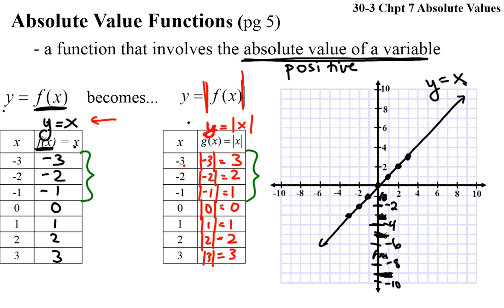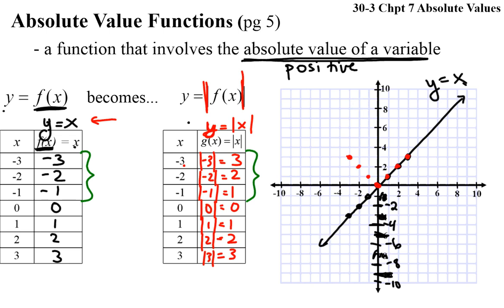So at negative 3, I'm now at positive 3. Negative 2 is now at positive 2. Negative 1's at 1, 0's at 0. And 1 is now 1, 2 is 2, 3 is 3, and so on.